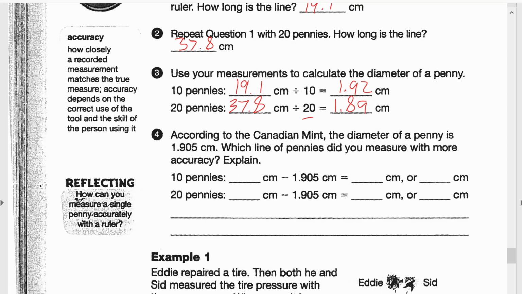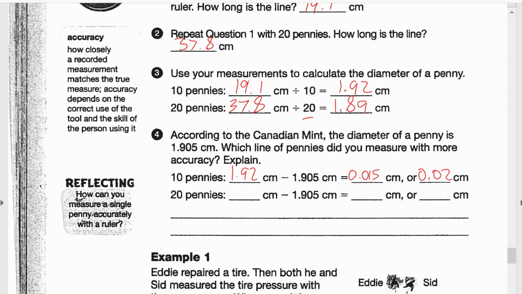Which line of pennies did you measure with more accuracy? Well, let's figure it out. For the 10 pennies, 1.92 minus the actual value, we get about 0.015, or if we round to precision, 0.02.